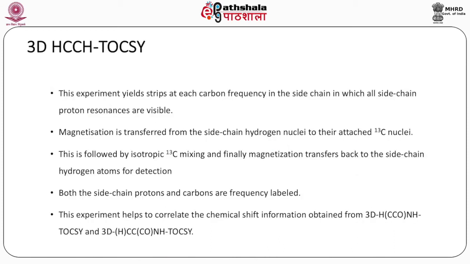Now, 3D HCCH-TOCSY. This experiment yields a strip at each carbon frequency in the side chain, in which all side chain proton resonances are visible. Magnetization is transferred from the side chain hydrogen nuclei to their attached C13 nuclei.